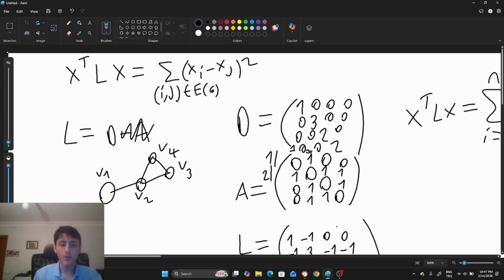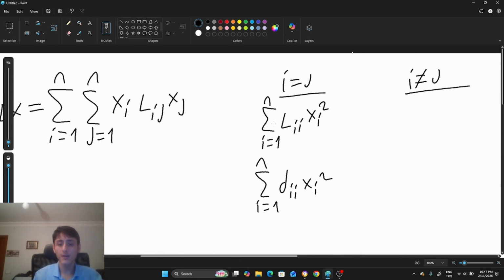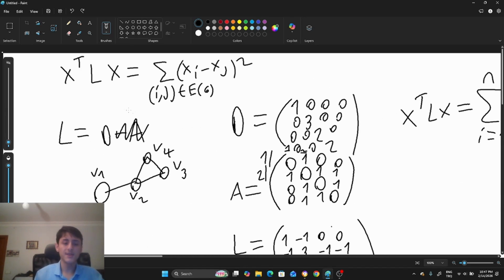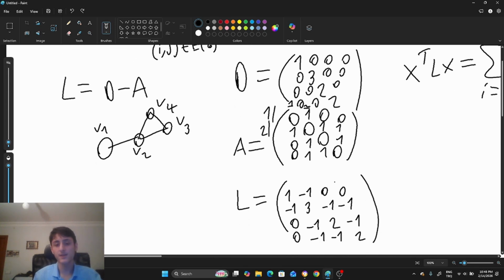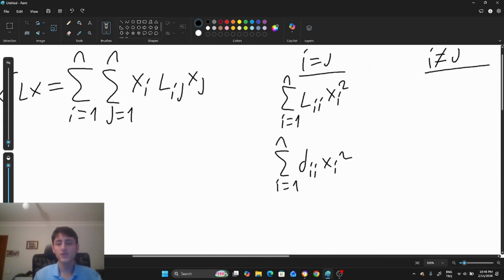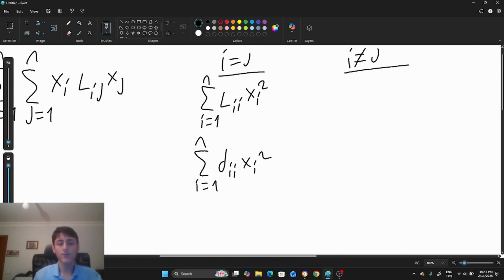Because we are working with the row and column where the row number and the column number are the same, the adjacency matrix is going to cancel out, so we are left with the degree matrix. So instead of the Laplacian matrix, we can use the degree matrix. That is why we wrote that.